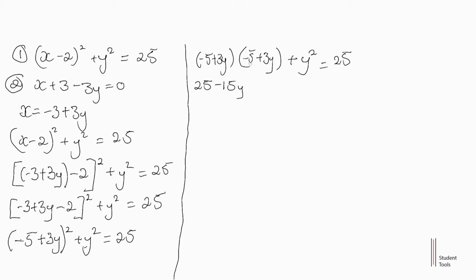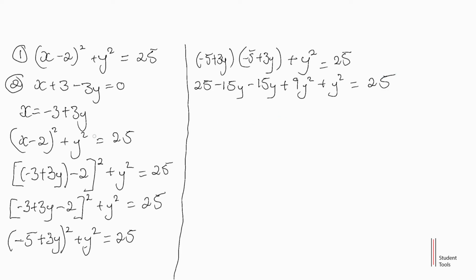Positive 3y multiplied by −5 is still −15y. Positive 3y multiplied by 3y is plus 9y². We bring down the plus y² equal to 25.